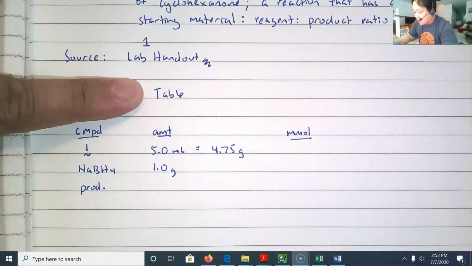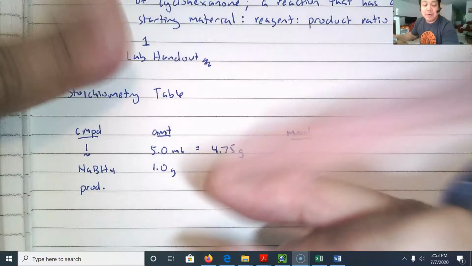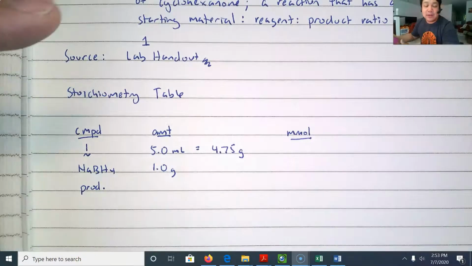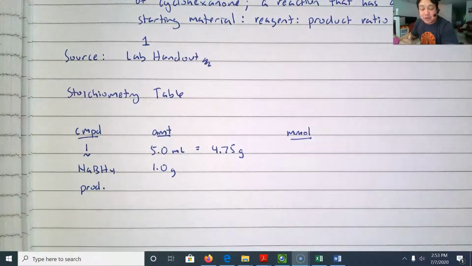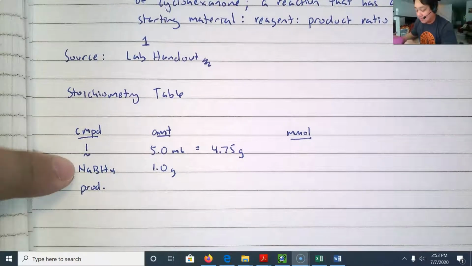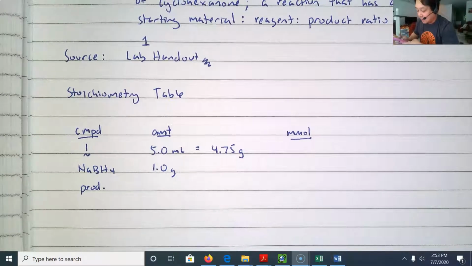Okay. How do you figure out the millimoles? Well, we need the molar mass. And again, when you did the calculation to determine the limiting reactant, we looked up the molar mass or the molecular weight of each of these components. The molecular weight for one is 98.5.